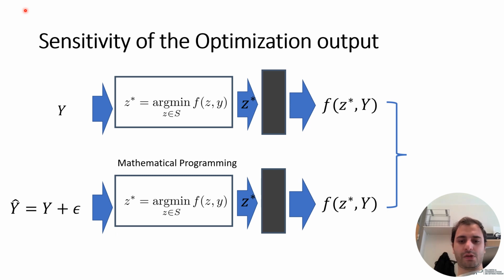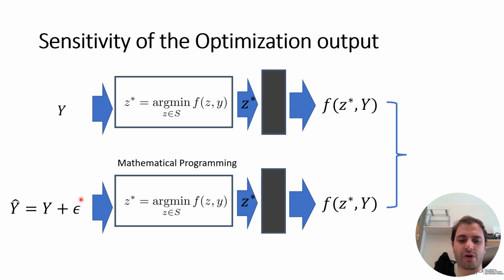Well, suppose you have a y here and then you solve an optimization problem, and then you have z star, which is the optimal decision variable based on this y here. Then you will have a result that is, for example, you put the result in the objective function and you evaluate it. Okay, this is the first answer.